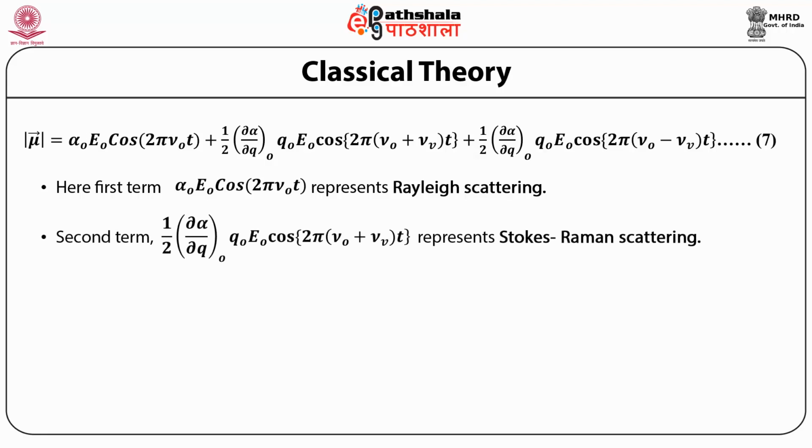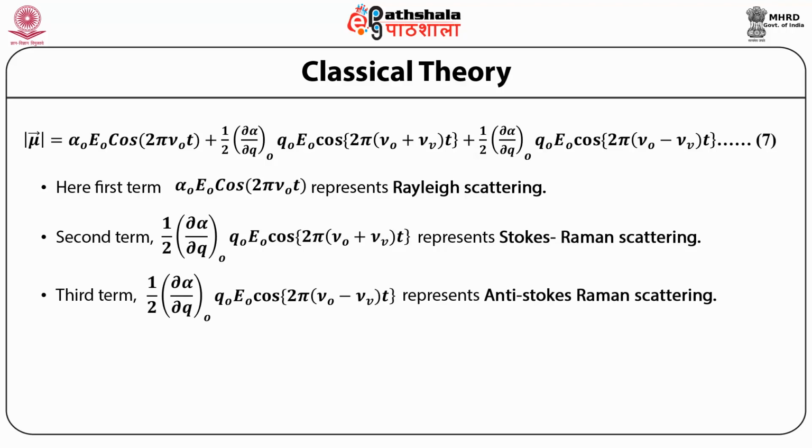The second term, half (∂α/∂Q) Q0 E0 cos 2π(ν0 + ν)t, represents the Stokes Raman scattering. While the third term, half (∂α/∂Q) Q0 E0 cos 2π(ν0 − ν)t, represents the anti-Stokes Raman scattering.